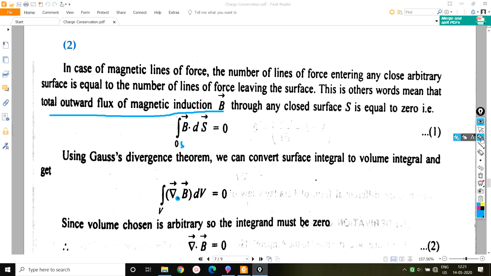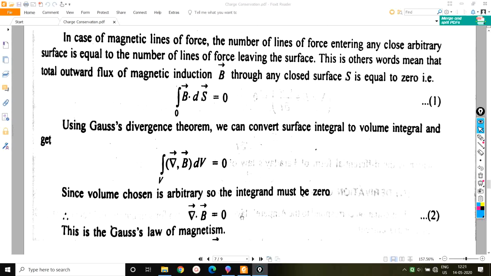Now again, by the previous logic which we used in the derivation of the differential form of Gauss's law, here the volume is arbitrary, this dV is arbitrary. So the volume integration of del dot B dV equal to 0 is possible for this arbitrary volume dV under only one condition, that the integrand del dot B is 0.